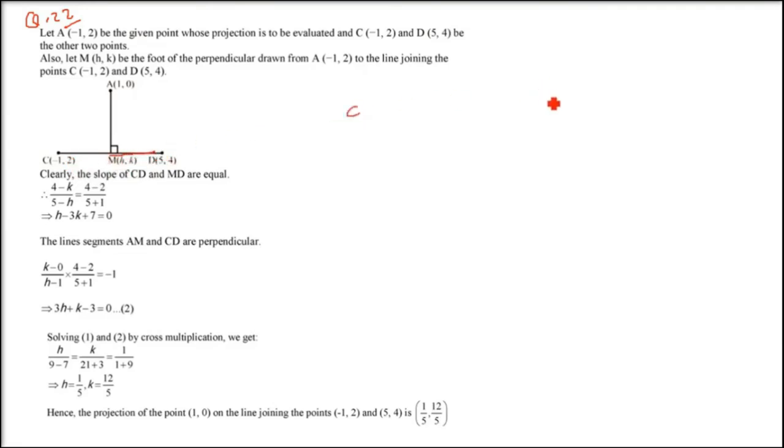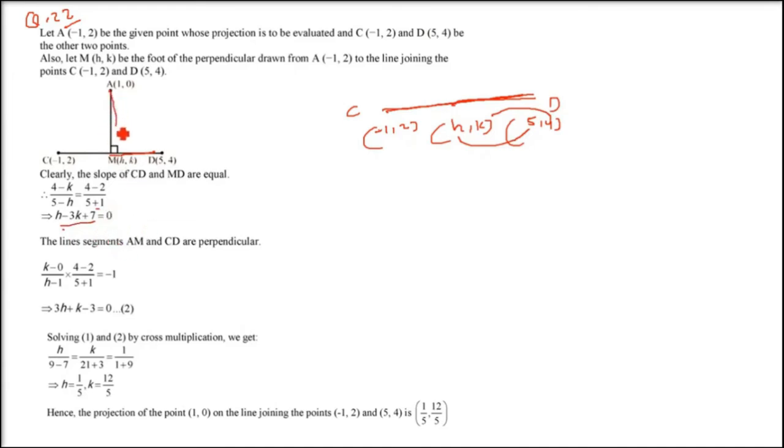This is h, k, the point M. Now the slope of this line and the slope of the whole line are equal. This is minus 1, 2, and this is 5, 4. So the slope of DM is 4 minus k by 5 minus h, and 4 minus 2 over 5 minus minus 1 equals 4 minus k by 5 minus h. So there will be an equation.